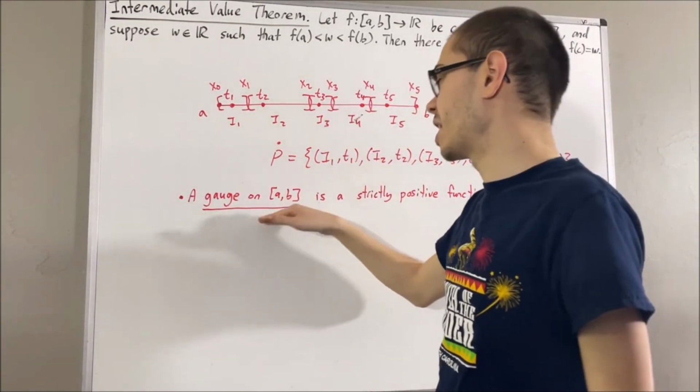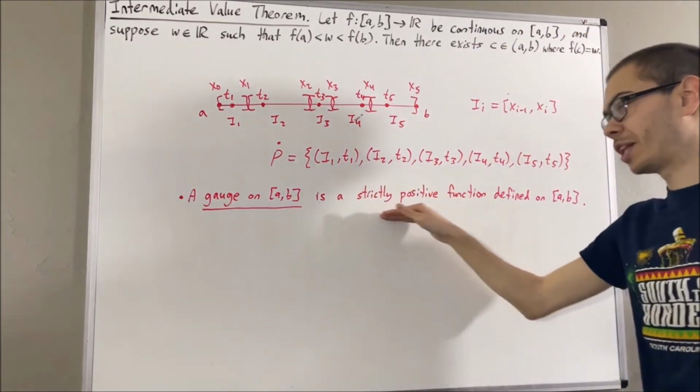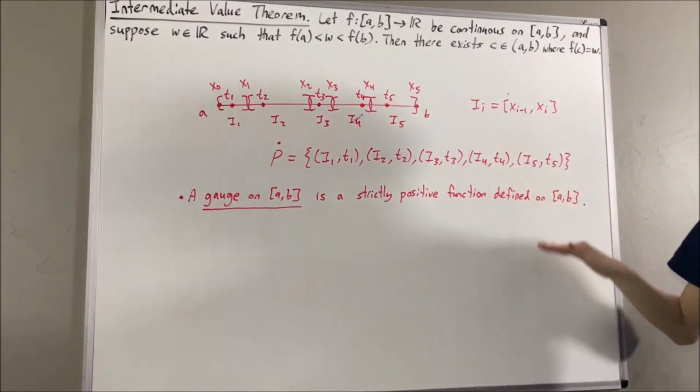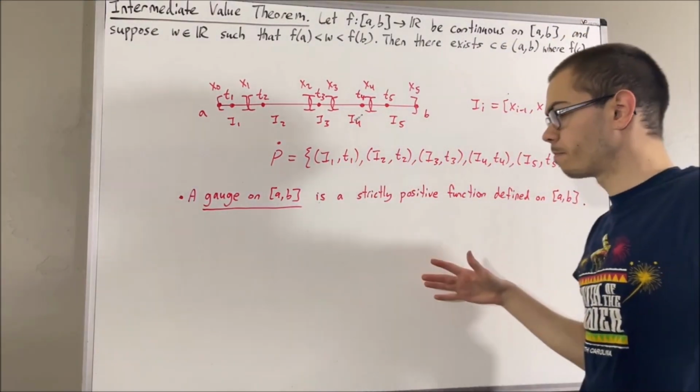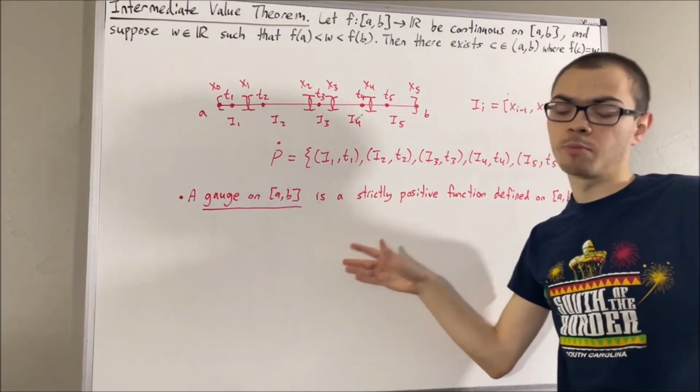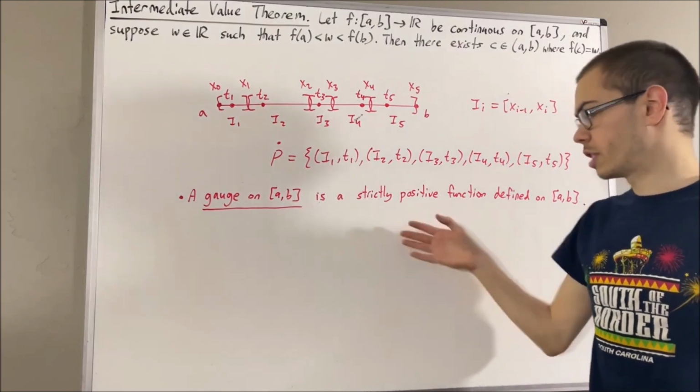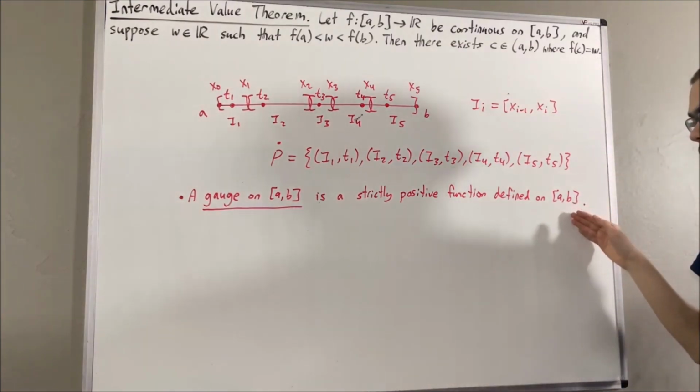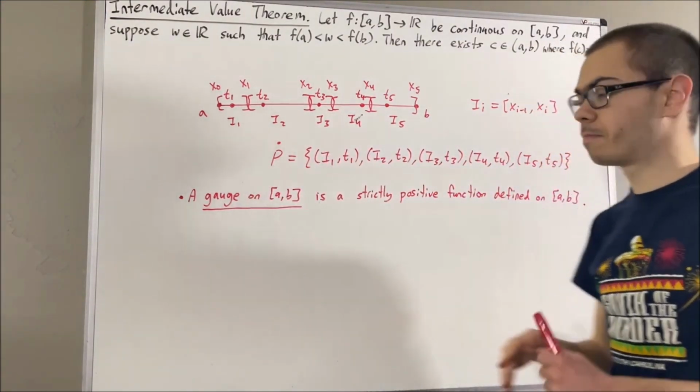So now, let's talk about what a gauge is. A gauge on [a, b] is a strictly positive function defined on [a, b]. For example, the function defined by delta(t) equals t squared plus 1, where t is any element of [a, b], would be a gauge on [a, b].